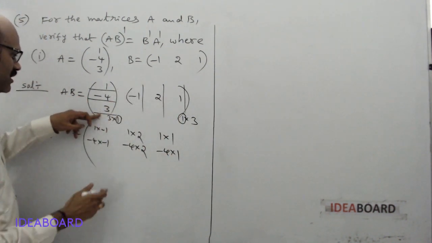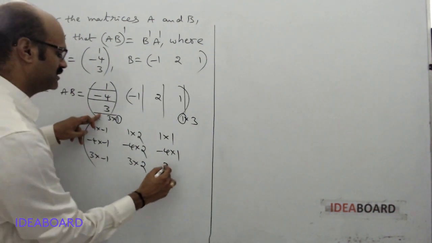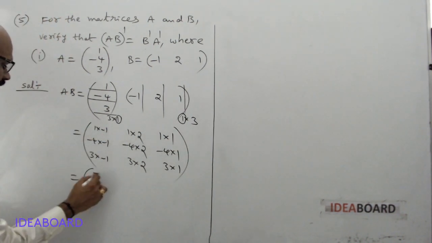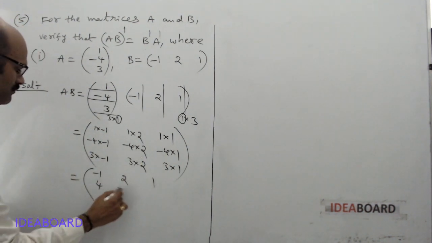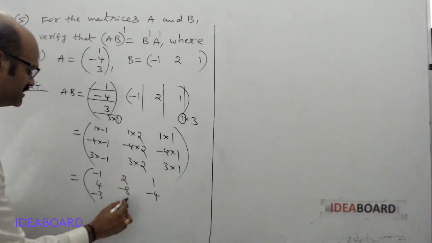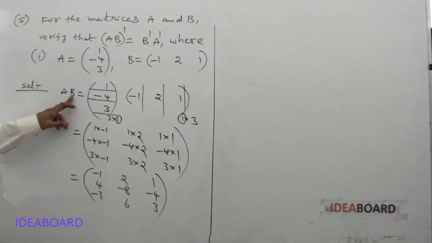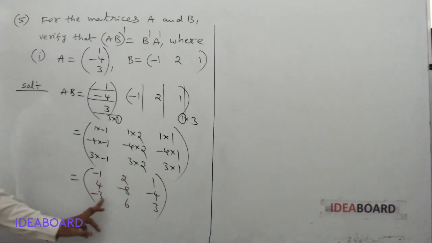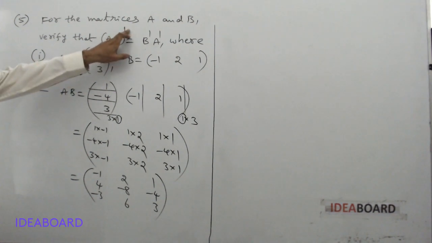Third row into first column, 3 into minus 1, 3 into 2, 3 into 1. The matrix AB equal to, we are getting minus 1, 2, 1, 4, minus 8, minus 4, minus 3, 6, 3. Now, we have to find (AB) whole transpose.